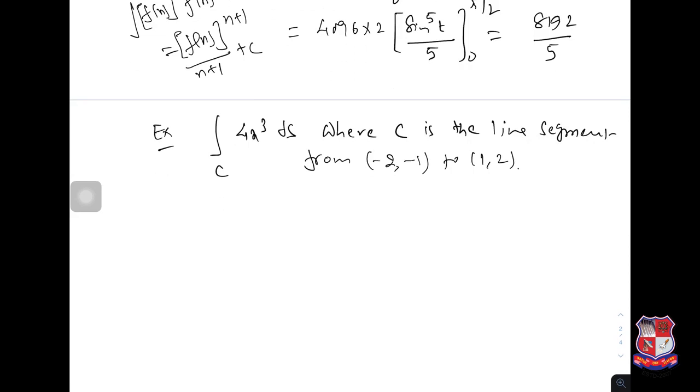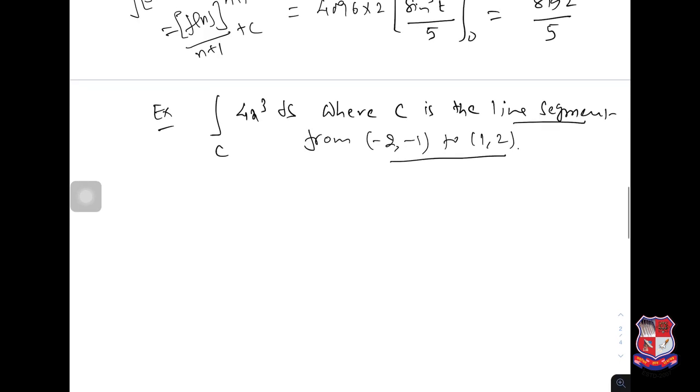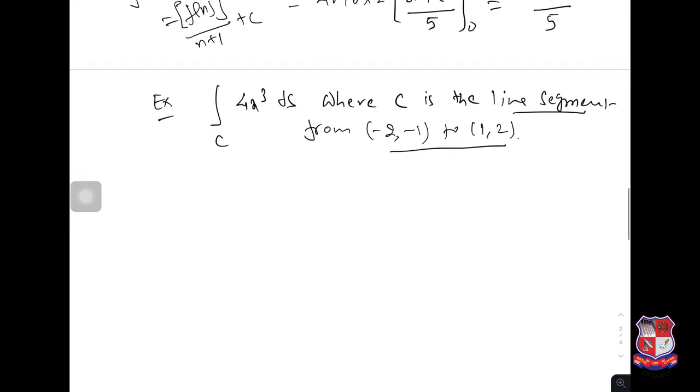Now we need to parameterize this line segment from (-2, -1) to (1, 2). And I'm sure you remember from your 12th class that if you have 2 points P and Q, then the line segment joining these 2 points is (1 - t)P + tQ, with t lying between 0 and 1.